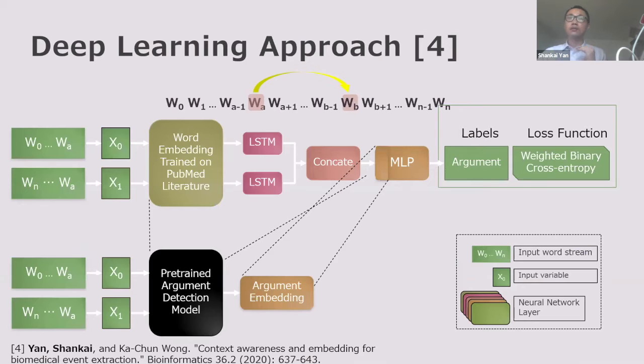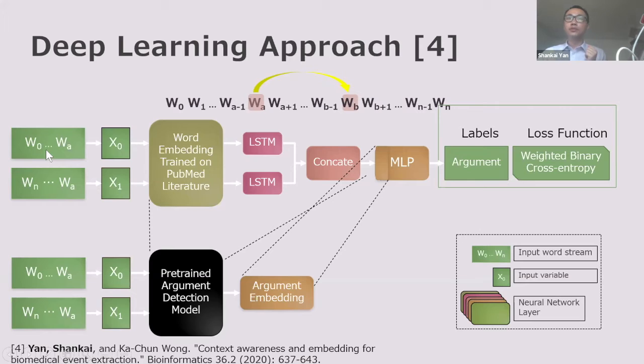In our deep learning approach, we first use a pre-trained biomedical model. In the training procedure, we gather inside sentences. For example, word A and word B here are annotated with entities, and they also have an edge connecting them, which represents the relationship.